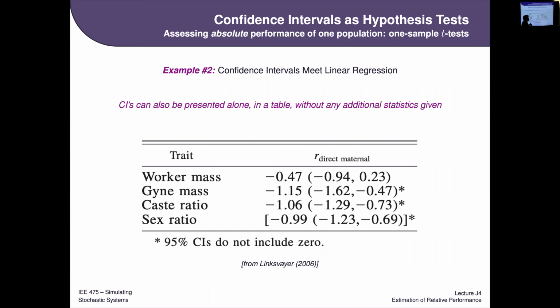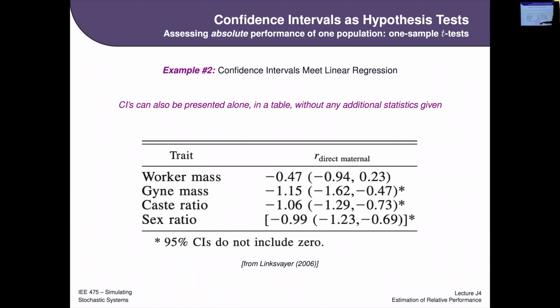Rather than showing t-test results, p-values or whatever, he's shown the point estimates and then the confidence intervals next to them. If these confidence intervals include 0, then we have not rejected the null hypothesis. And if they don't include 0, then we've rejected the null hypothesis.